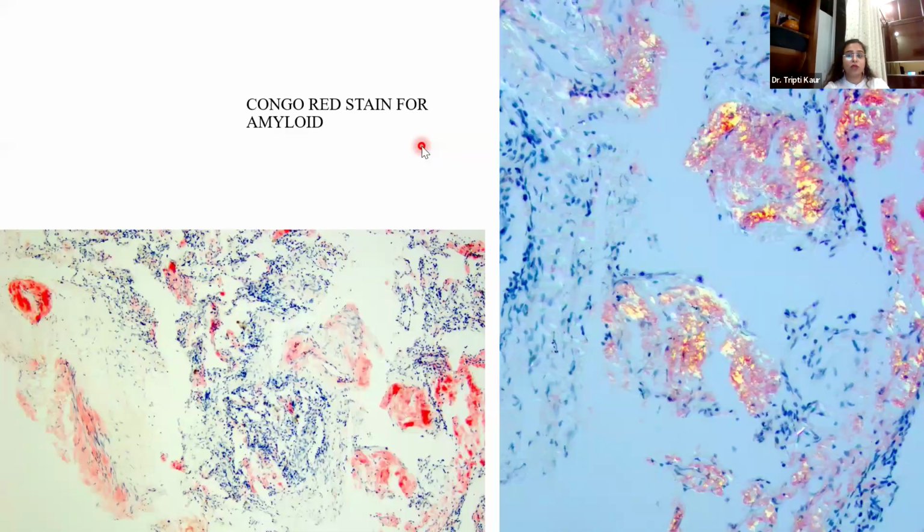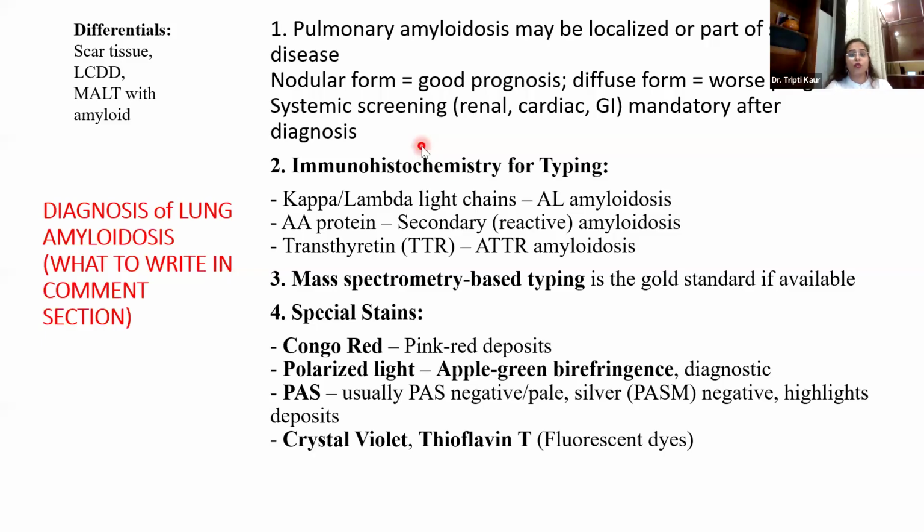Congo red, everybody knows, apple green birefringence. You need to do all your tests on septal amyloidosis case. You need to do typing, kappa lambda light chains, AA protein, transthyretin, mass spectrometry, special stains, you know what it is, Congo red, polarized light, PAS. So amyloid is basically PAS negative, silver negative deposits.